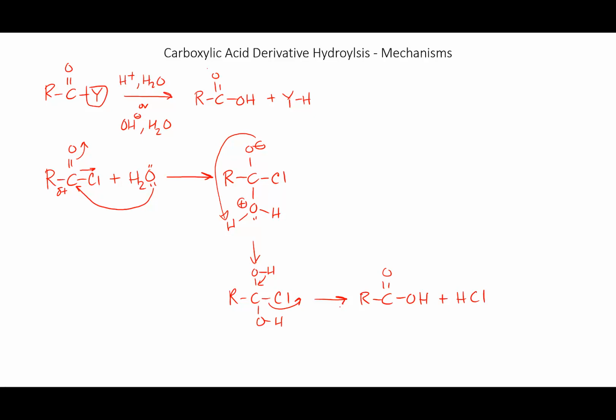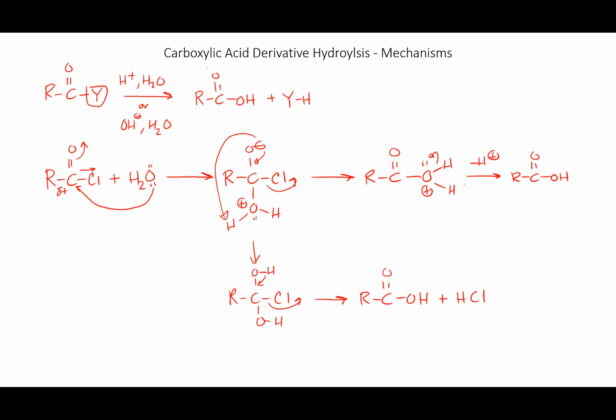The other way that you'll oftentimes see is they'll say the O minus just comes back down and the chloride gets kicked off. What that ends up doing is reforming the carbonyl, and now the oxonium ion is present, and then you lose the H plus to form the final carboxylic acid product.